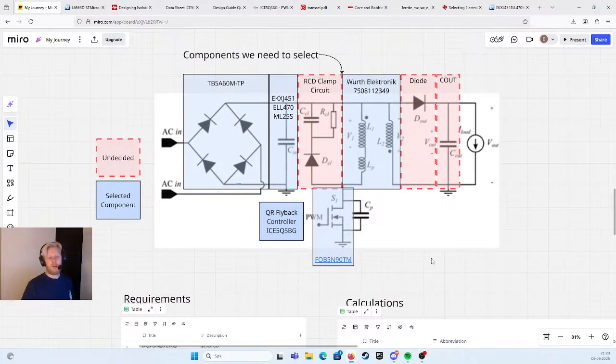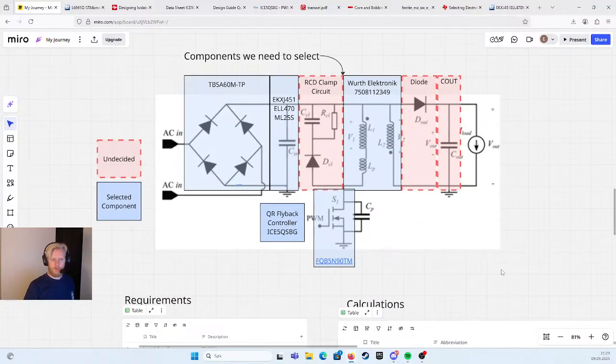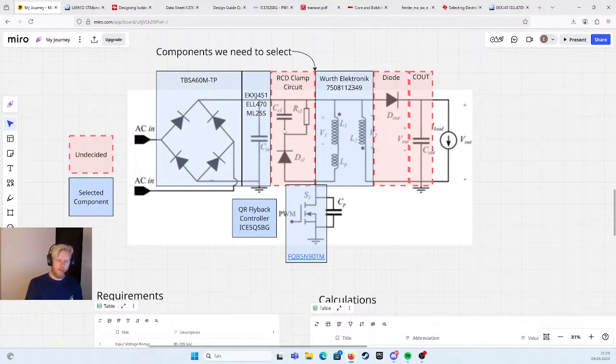Okay, picking up where we left off. I think where we left off was selecting this component, a capacitor.